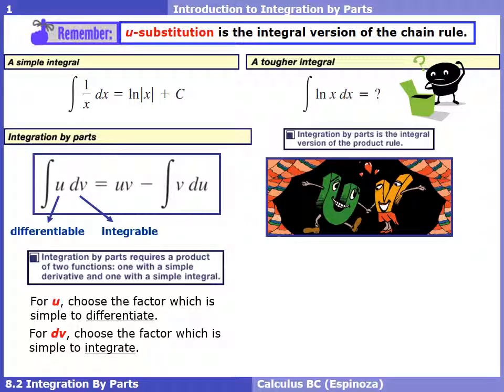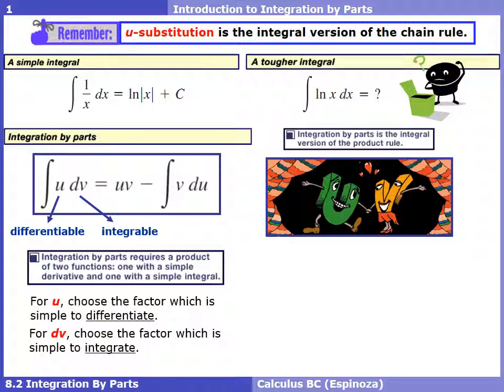As this little picture is implying here, u has found a friend. Our u-box was usually just a u and then a du, and that was the end of the story. But now that we have this extra dv portion that we're trying to identify, u has found a friend, and that's v.